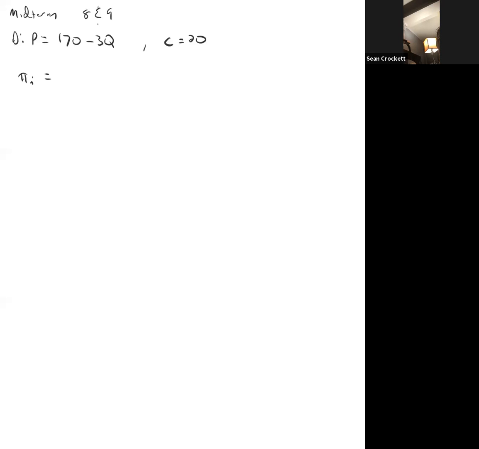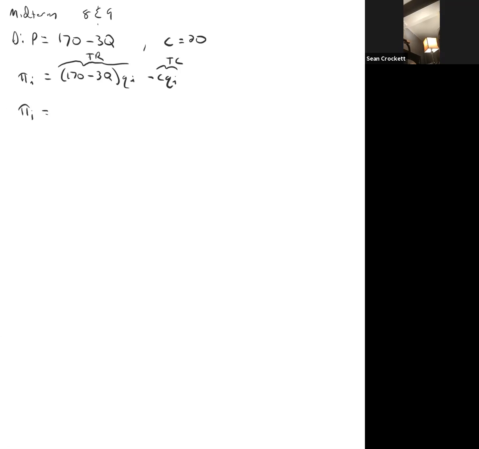So player I's profit function is 170 minus 3 times Q, times his own quantity QI, minus C times QI. The first part is total revenue, and this part is total cost. That's the profit.